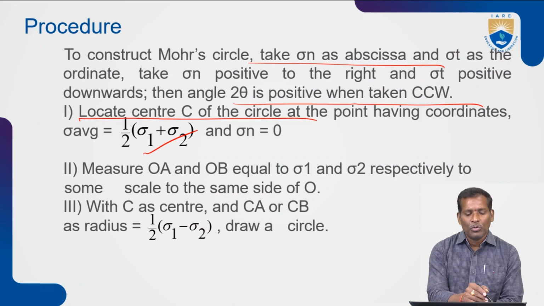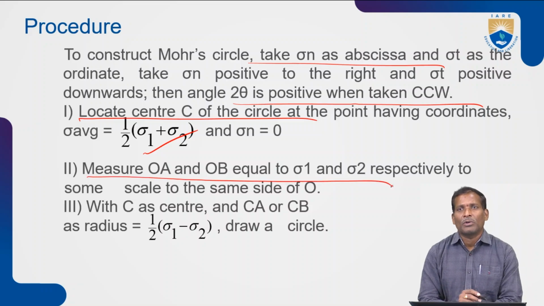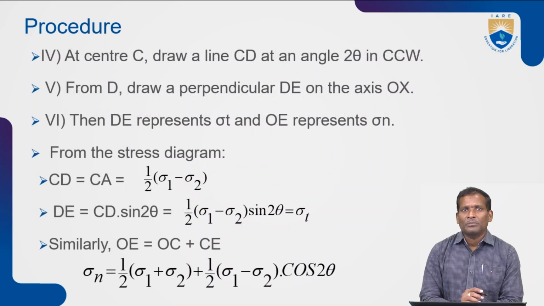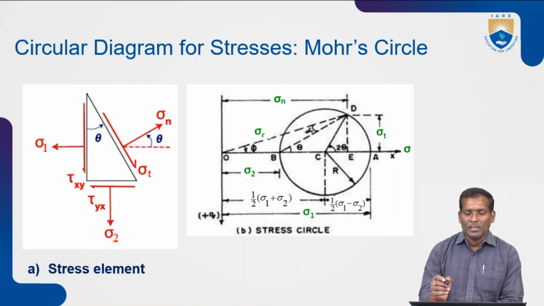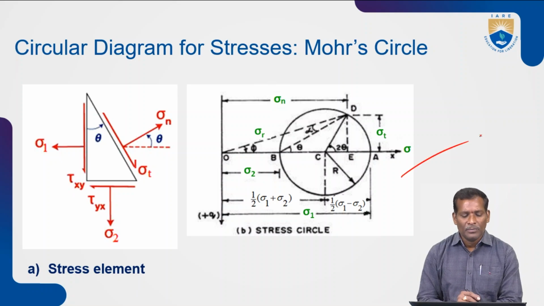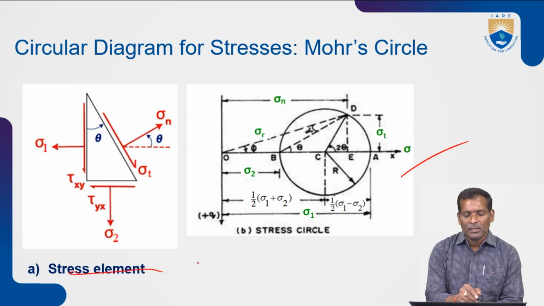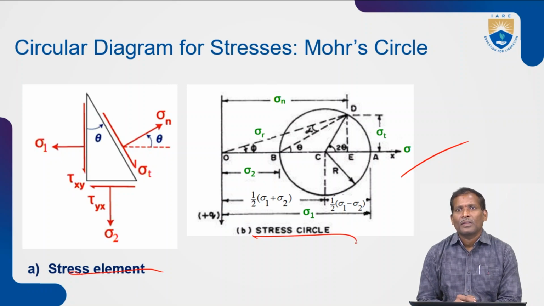So measure OA and OB equal to sigma 1 and sigma 2 respectively, to some scale, to the same side of O. Here in the diagram, see the circular diagram for stresses, the Mohr circle, the stress element and the stress circle.